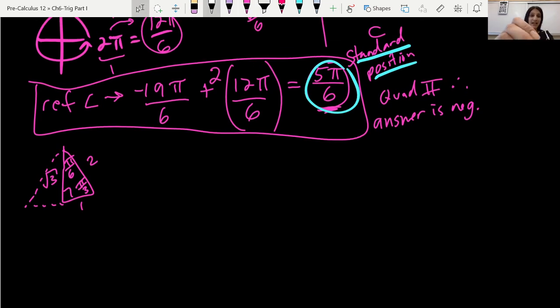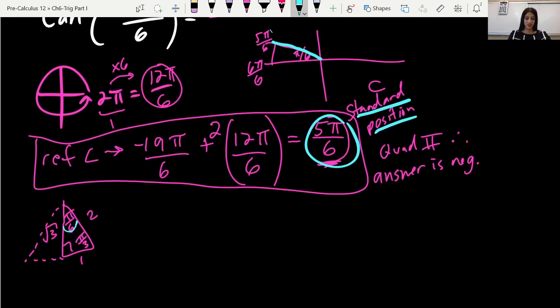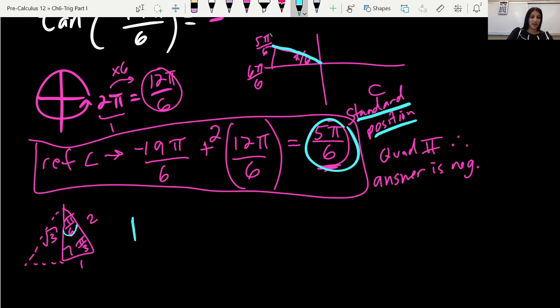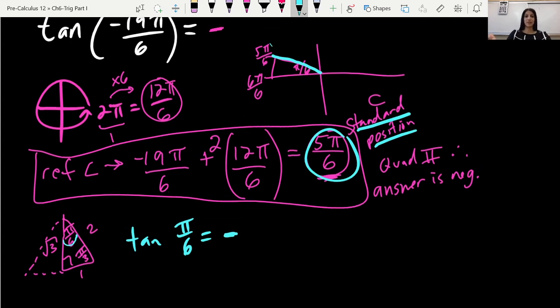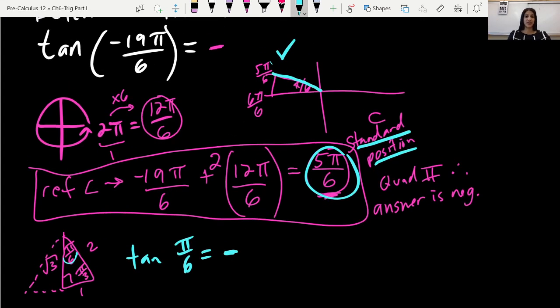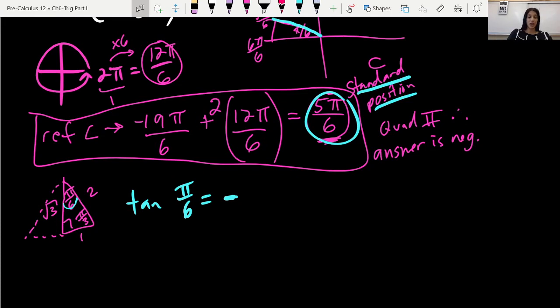So that angle up top is the one that we're going to use to figure out what tangent would be equal to. So I could say here, tan of pi over 6. I know I want my answer to be negative because we talked about how it's in the second quadrant here. So tan would be opposite over adjacent. Opposite to that would be 1, and adjacent to that would be root 3.